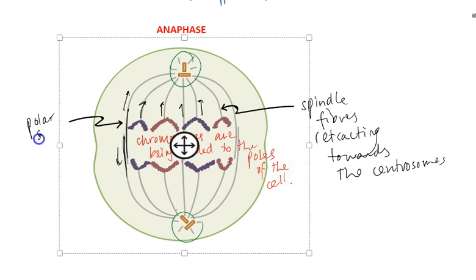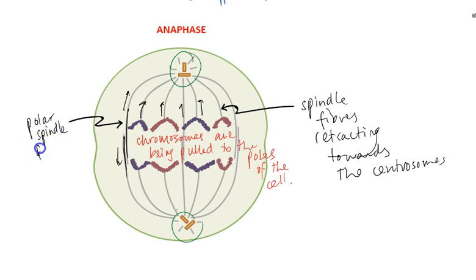So these polar spindle fibers are pushing the poles apart. This is just a minor detail. The main thing is that we see that chromosomes are being pulled apart by those kinetochore spindle fibers retracting. Okay. All right, so that's anaphase.